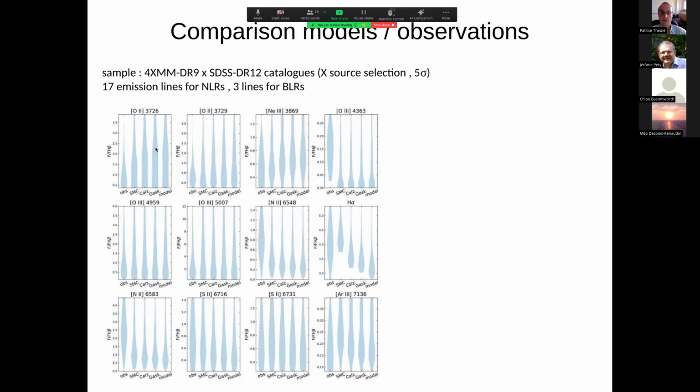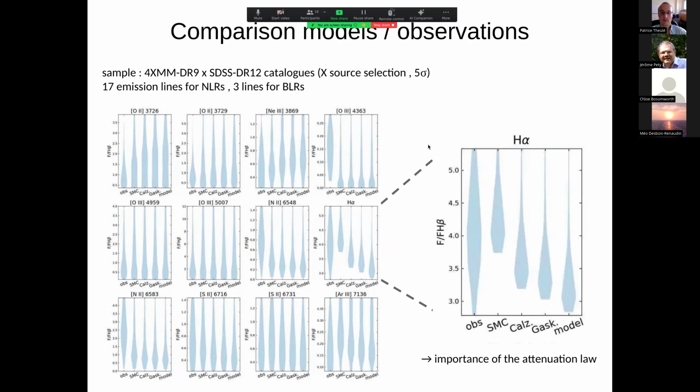First, you can see that we can cover all the observations. What is interesting is the Balmer decrement of the model: when we apply different attenuation laws, just playing with the attenuation law we can reproduce the observation, which shows the importance of the polar dust.